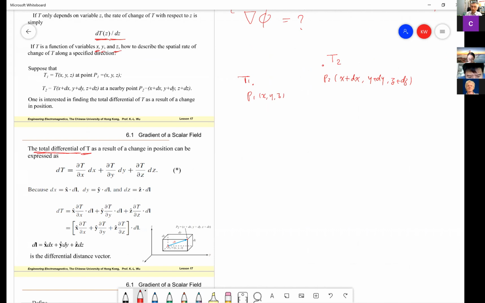Let's say this is the total differential of the scalar field T. So we have a total variation in the x direction, then in the y direction, then in the z direction. Then we add them together.